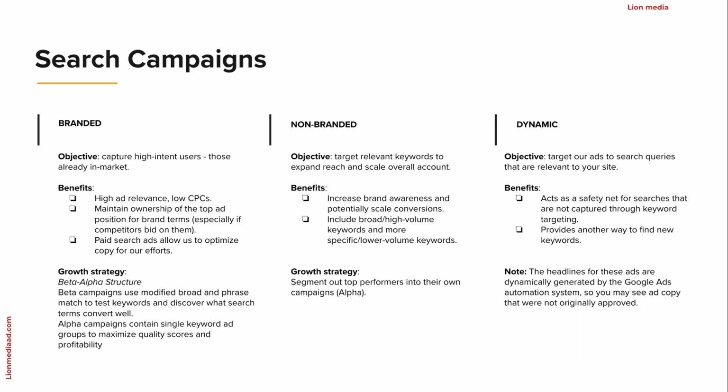And then you also have a dynamic campaign. A dynamic campaign is a very powerful campaign strategy. What that essentially does is it will crawl your website, as you're building out your campaign, it will crawl your website, your landing page, and extract keywords on that landing page.